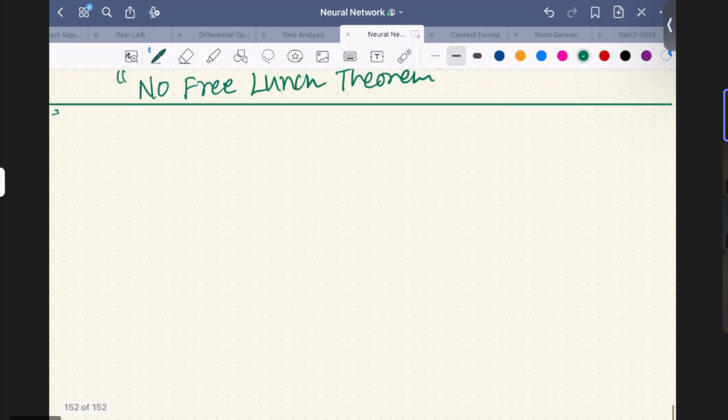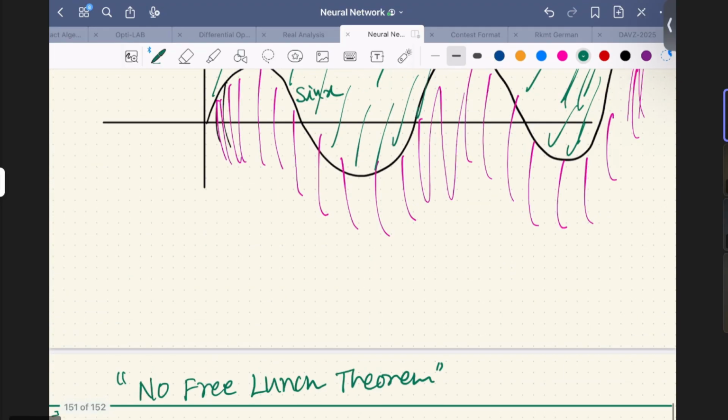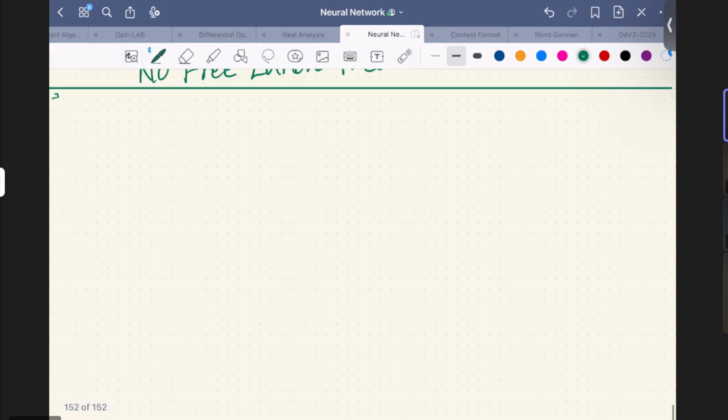That's why I'm putting these in front of you, breaking down the internal components of neural networks. Okay, let me put up something.